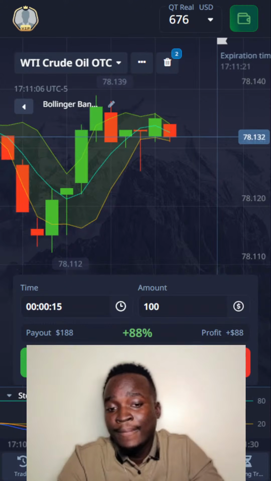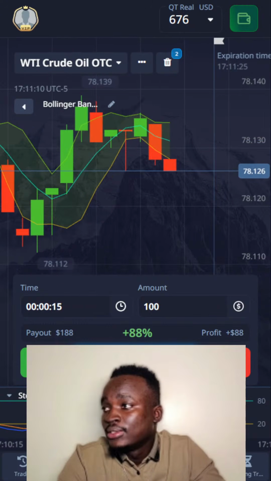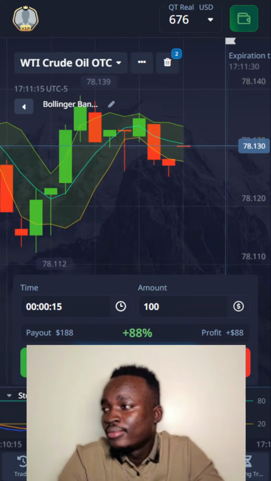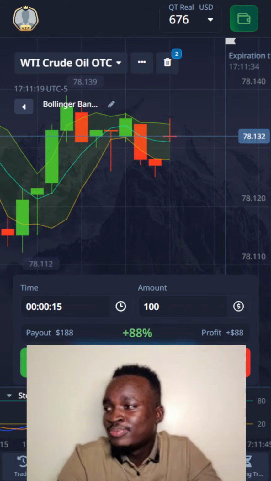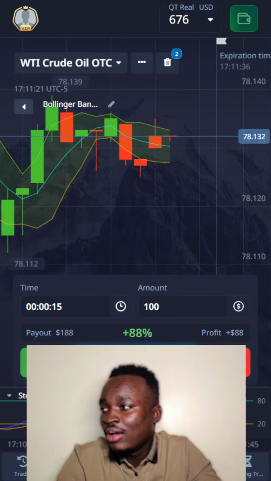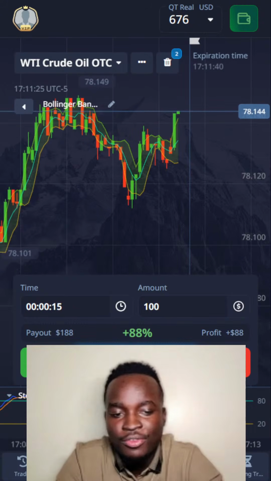Anyway, someone is asking, how do you analyze on a higher time frame first before using the 5 second candlesticks? Nope. All I do is just look at my trend, see how it's moving.